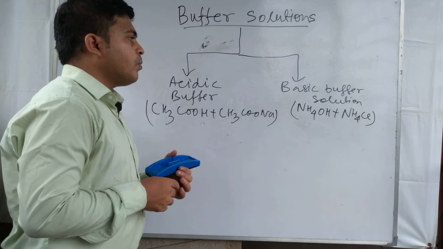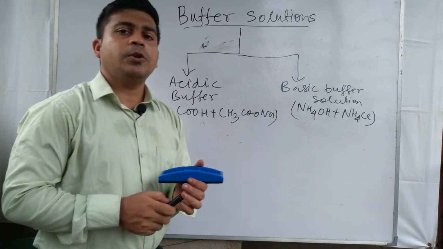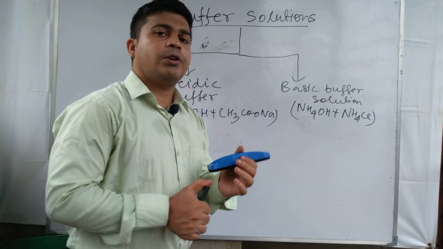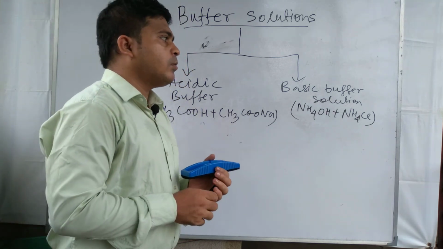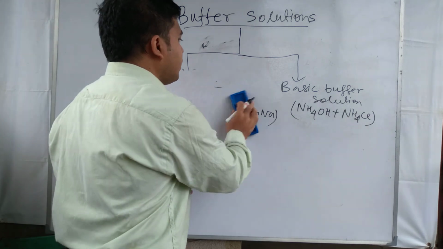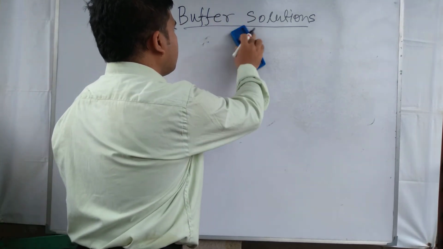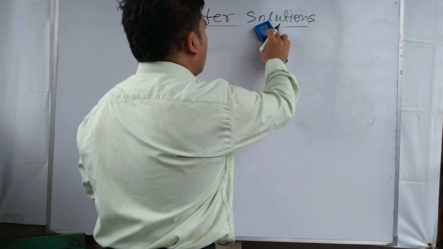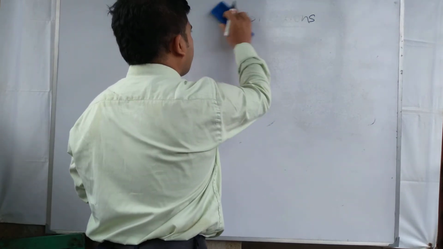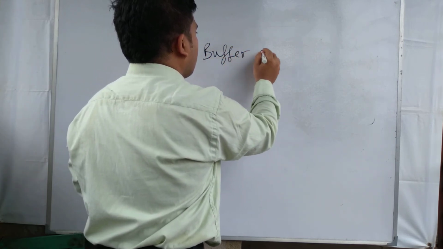The action by which the buffer solution resists change in its pH, so that its pH does not change appreciably, is called buffer action.